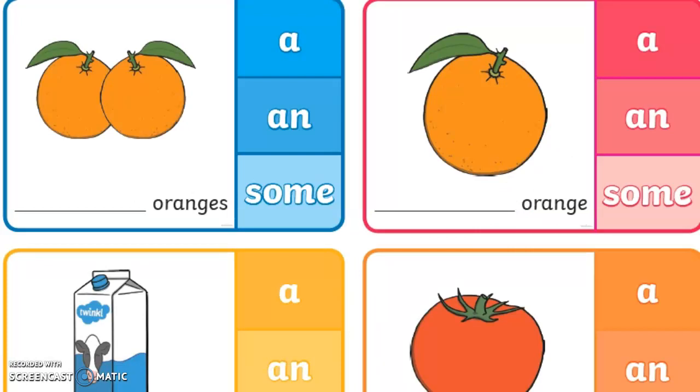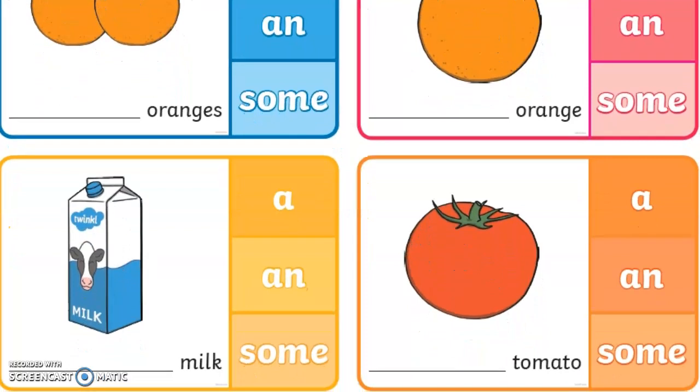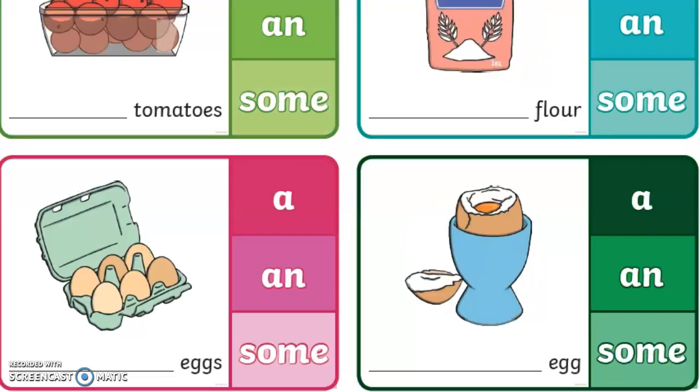So you have to do the same thing to milk, tomato. You pause here, you write the answer on your table, and then you continue. So milk, tomato. We'll continue with the other card. Okay.